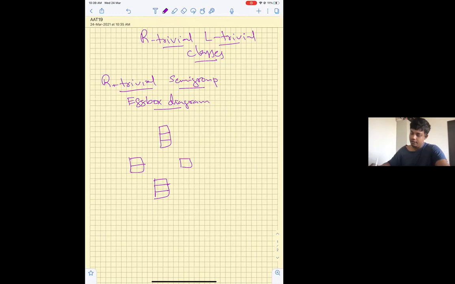Let's imagine we are talking about a monoid, so one will be an H class, for the reasons I have told before. And what does R-trivial really mean? R-trivial means that if A R B, that implies A equals B. So can an H class contain, so each of these box cells can contain how many elements?